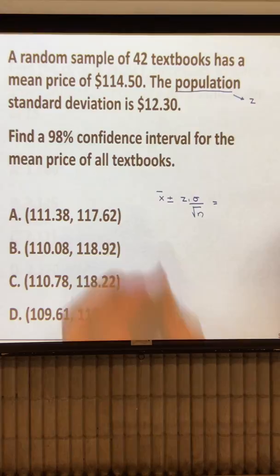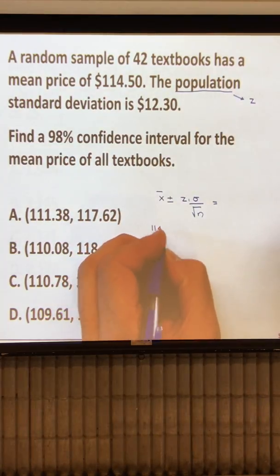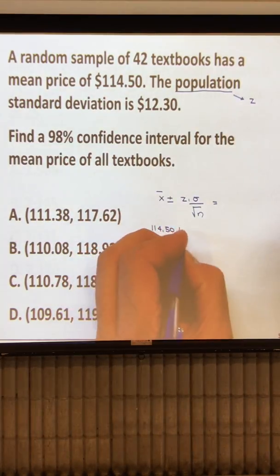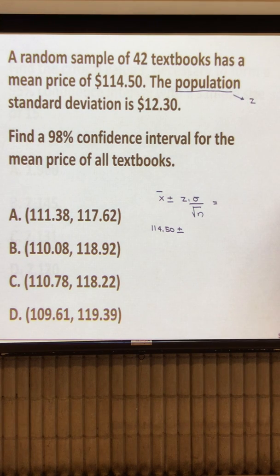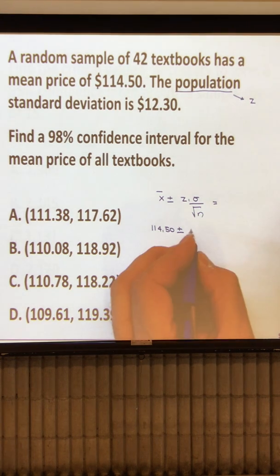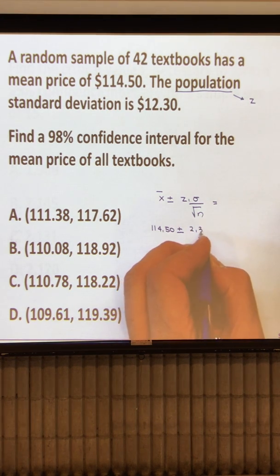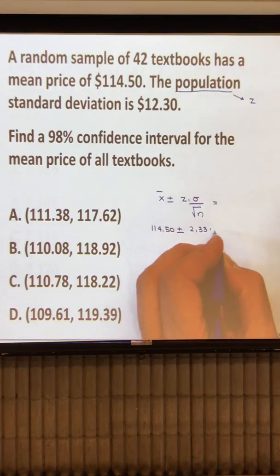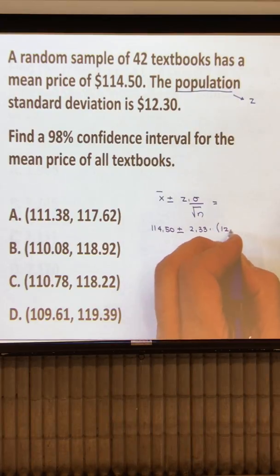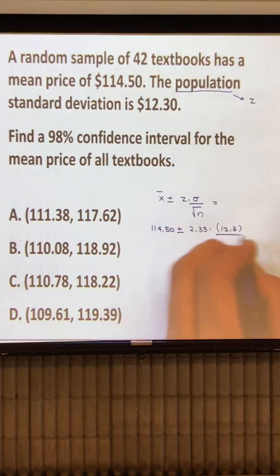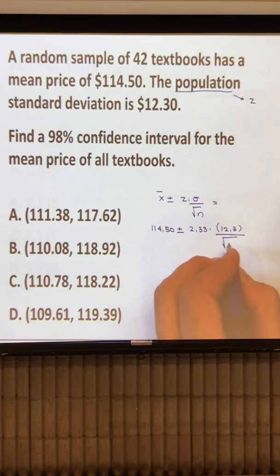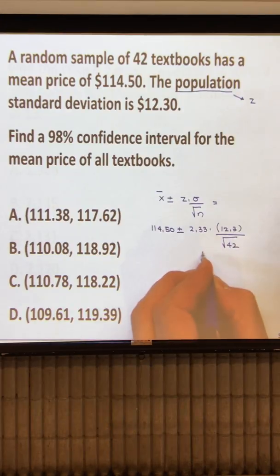The x bar is 114.5 plus minus, we know the z-score from the previous activity, 2.33, times the standard deviation, 12.3, over square root of 42.